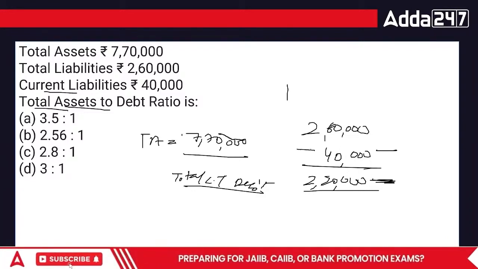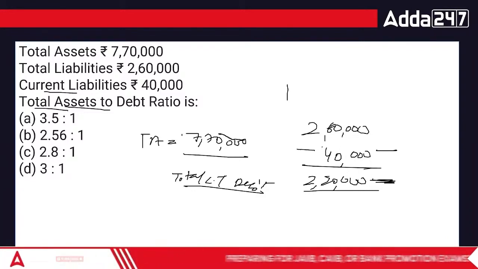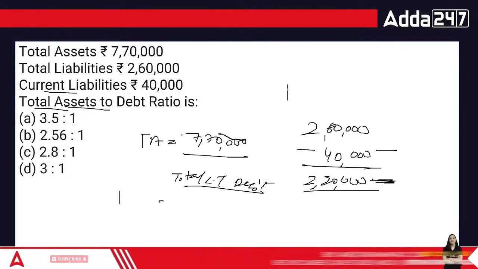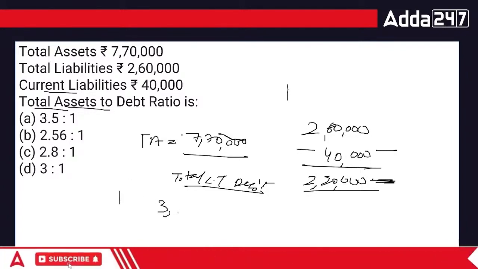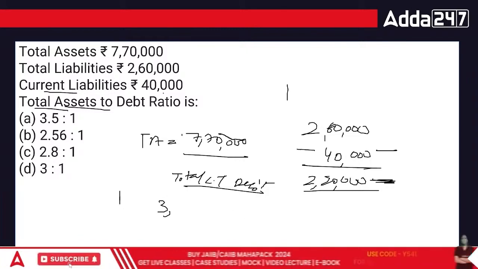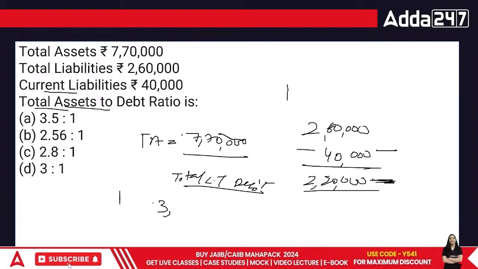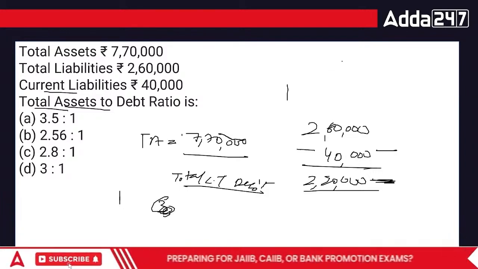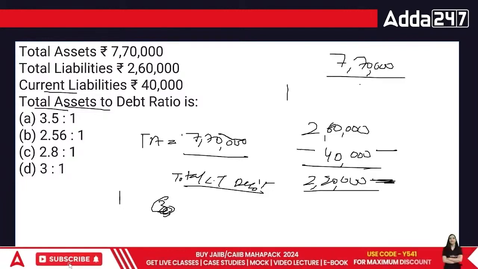And now divide the total assets by the debt. 7 lakh 70 is the total assets, and our debt is only the long term, na?